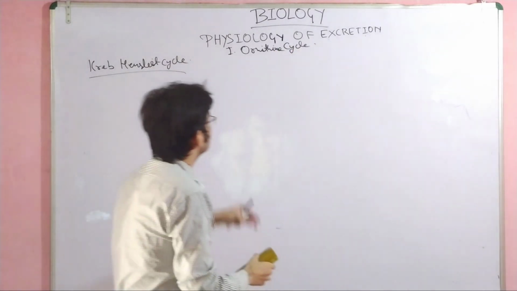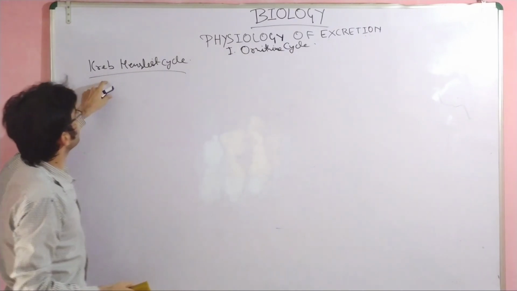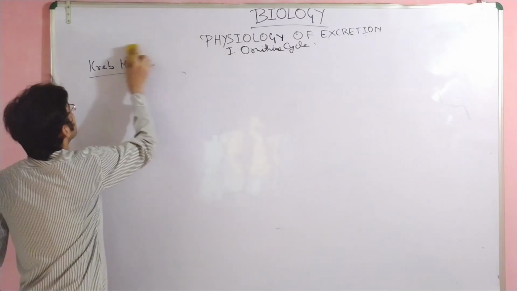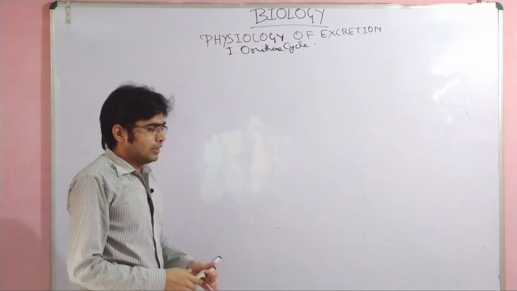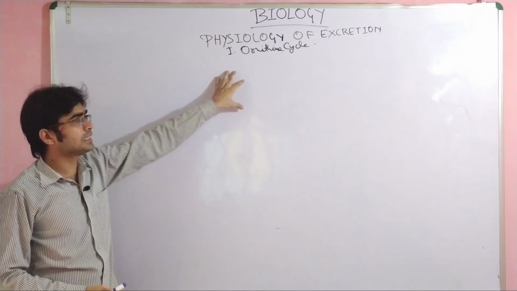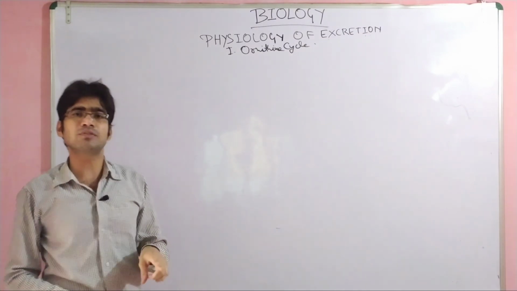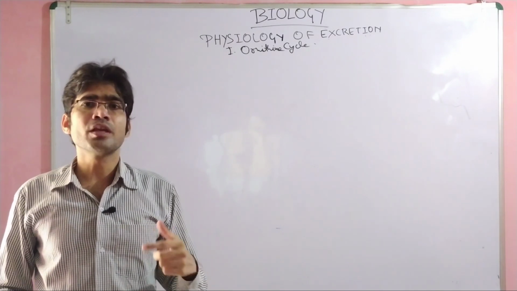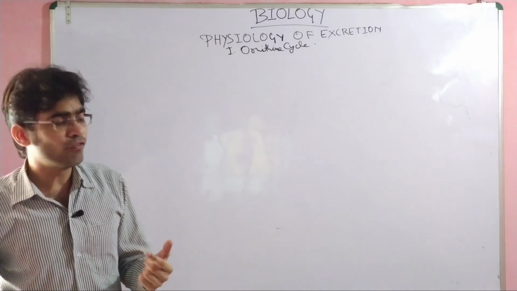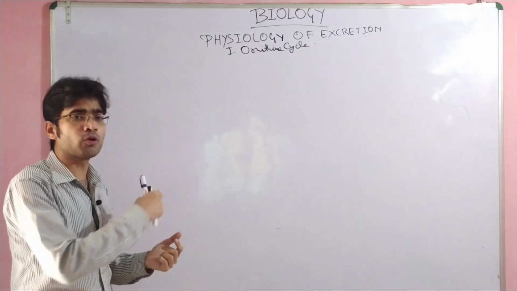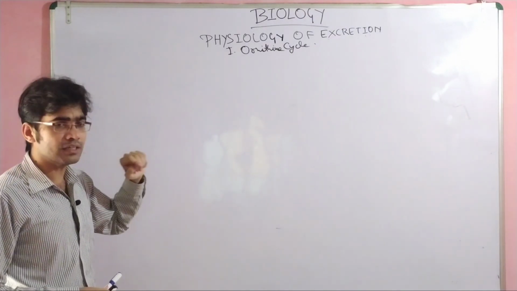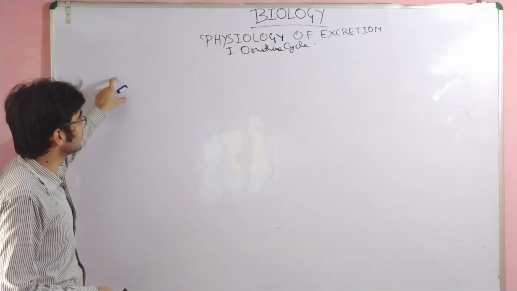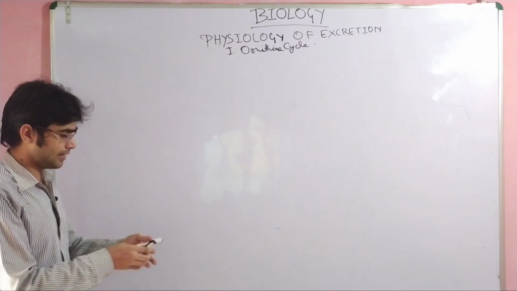The most convenient name is the ornithine cycle instead of Krebs-Henseleit cycle, or simply you may call it the urea cycle. In this process there are formation and transformation of three amino acids, namely ornithine, citrulline and arginine, for the repetitive cyclic process of the ornithine cycle. With the help of a schematic diagram, I am going to demonstrate the ornithine cycle.